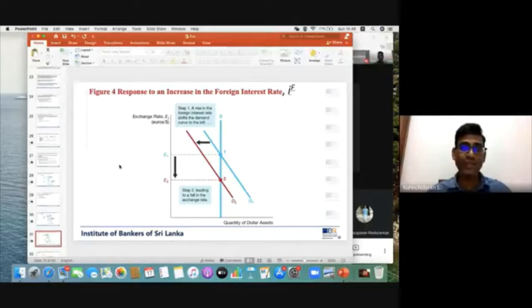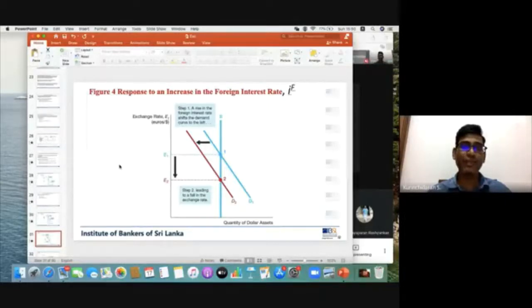Right? So here what will happen? Maybe not only from the US to euro, even other countries. If they have deposits in Japan, they will move that deposit to euro.